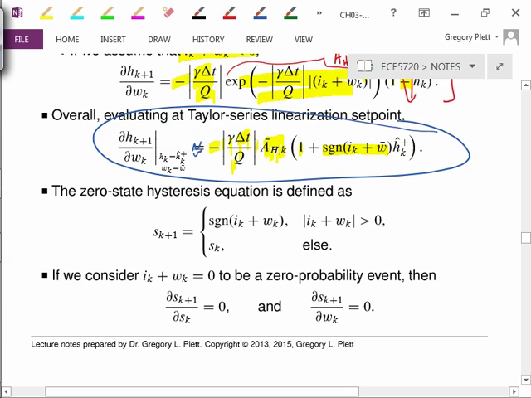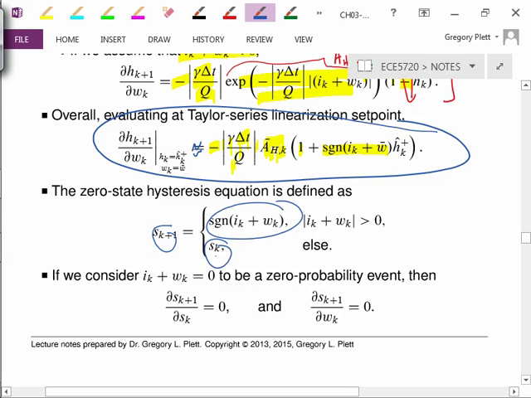A couple more equations to consider. One of them is the zero-state hysteresis, or instantaneous hysteresis, in the model. This hysteresis state says if the current that I measure is not negligible, then I assign s_k to be the sign of what I measure. Otherwise, I keep the previous version.